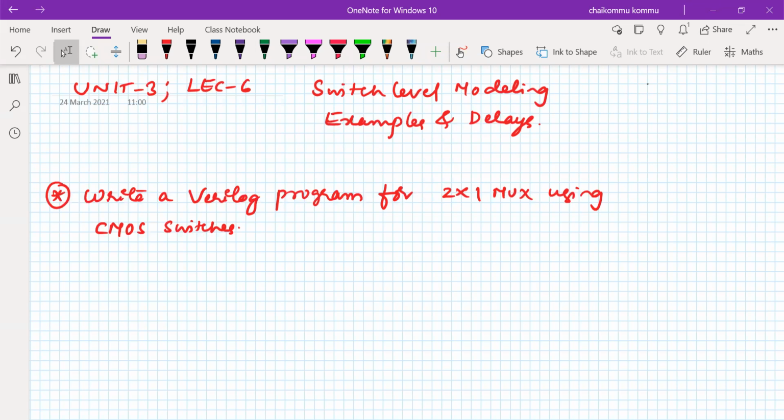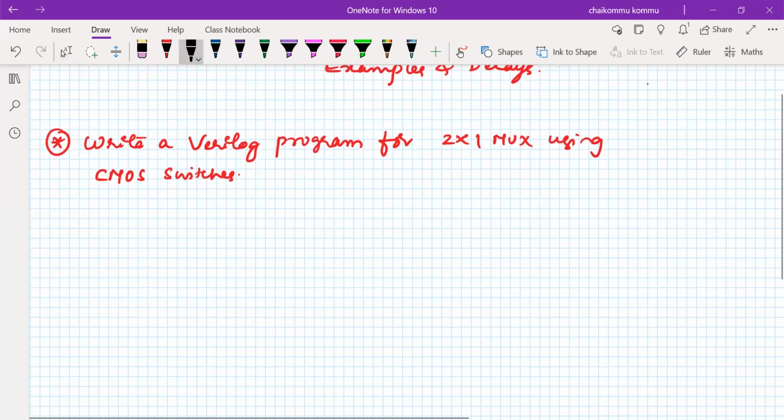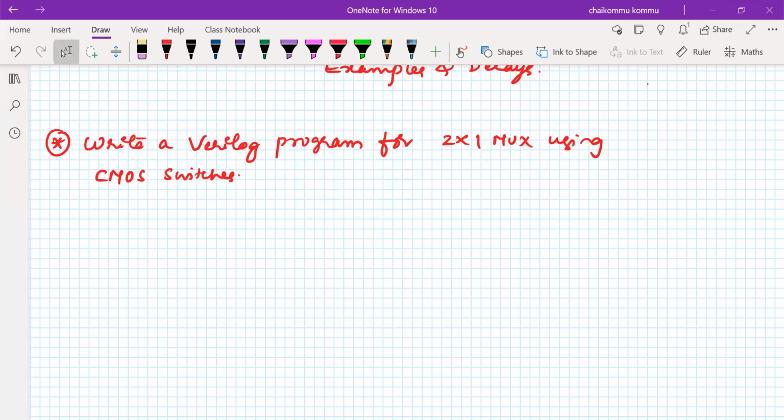We know the 2x1 multiplexer in gate level modeling and in data flow modeling, but how do we design this with the help of switches or transistors?